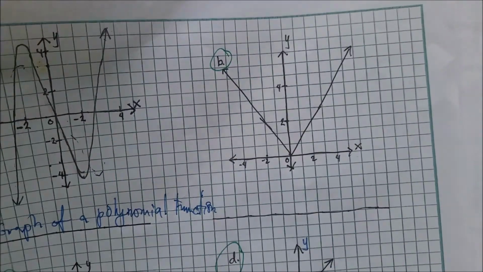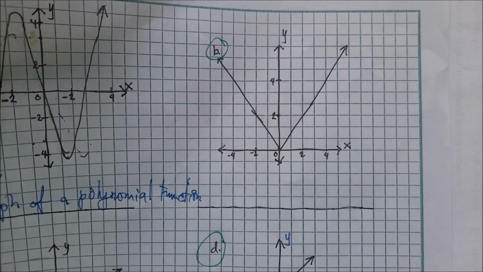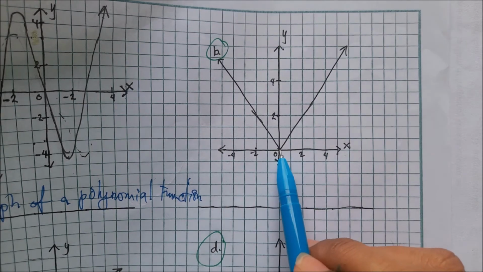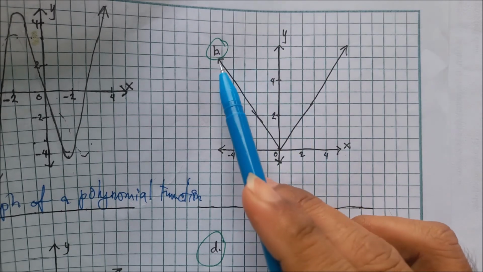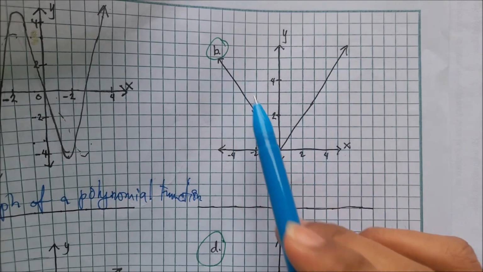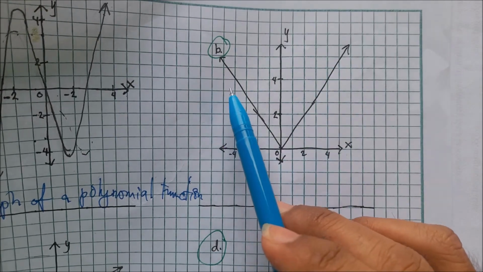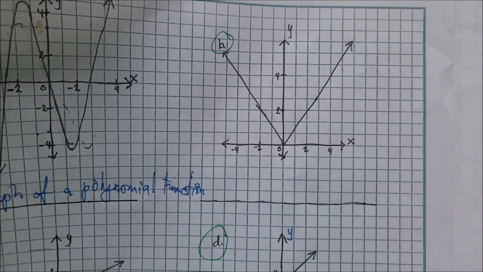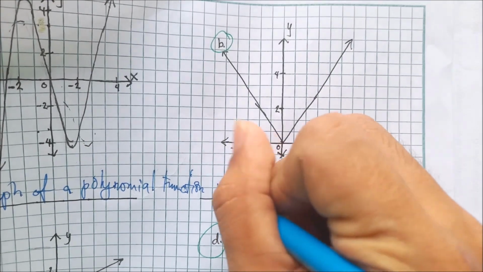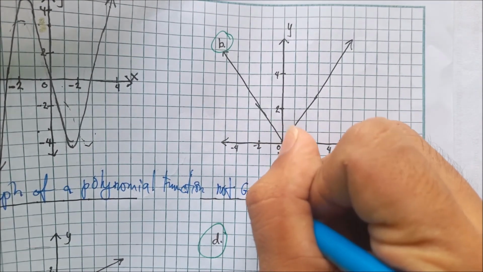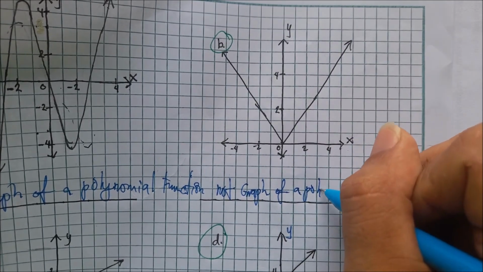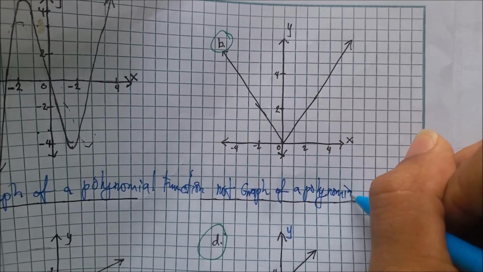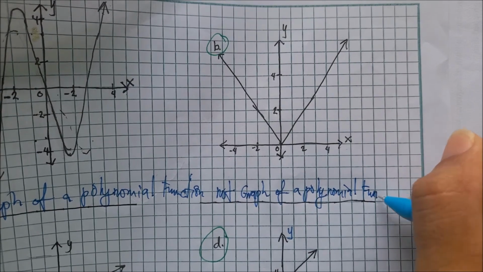Now, letter B, observe the graph. There is a corner. There is a sharp point. So this is called not a graph of a polynomial function.